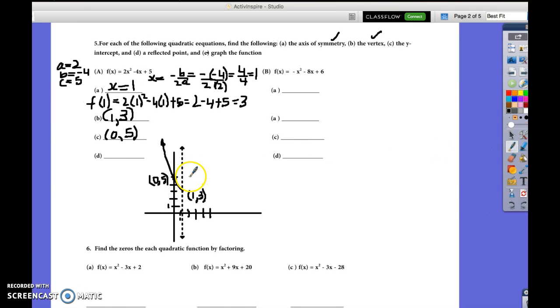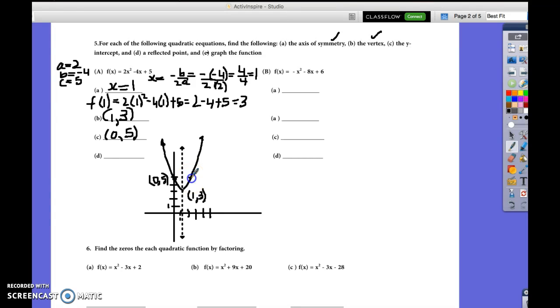So it's going to be right here. That's a reflected point. I can darken it a little bit. Again, it's the mirror image of the y-intercept right here. So this will give me a guide for drawing the right half of the parabola like this.